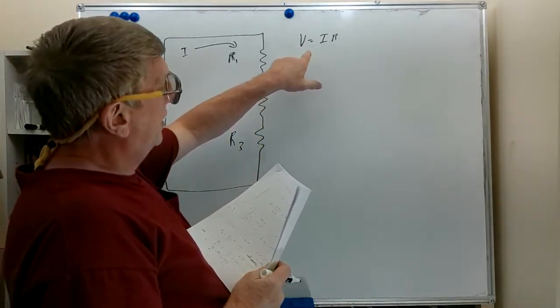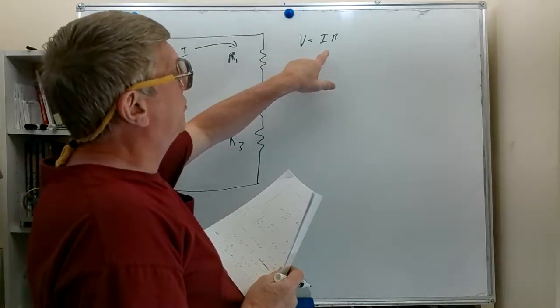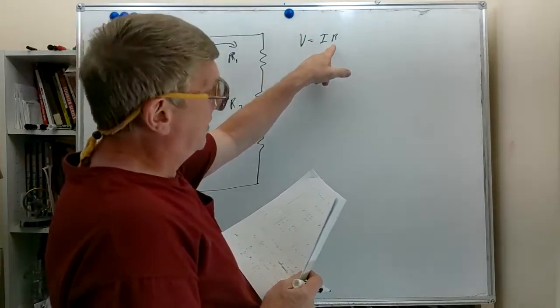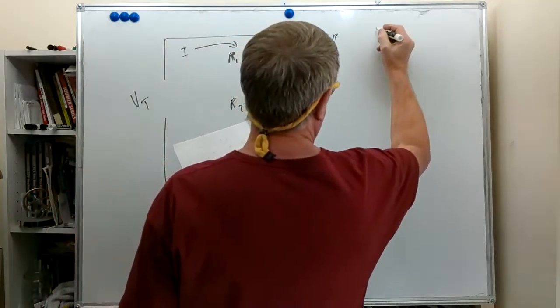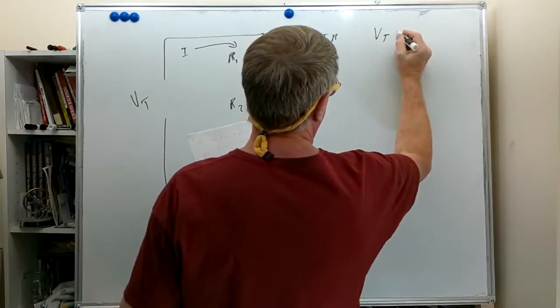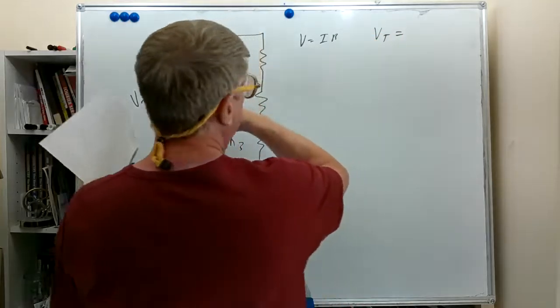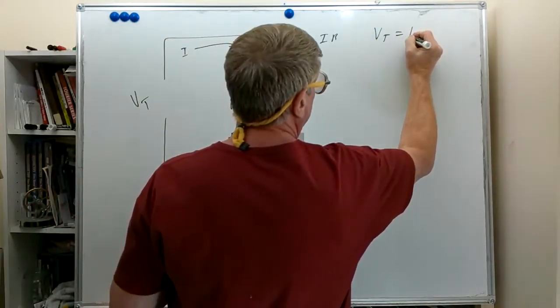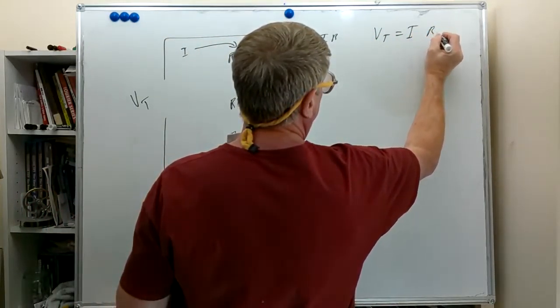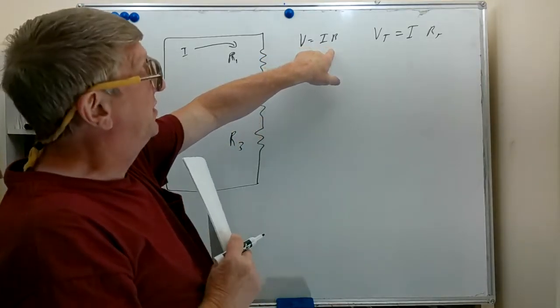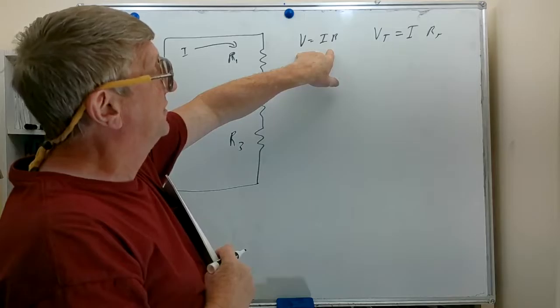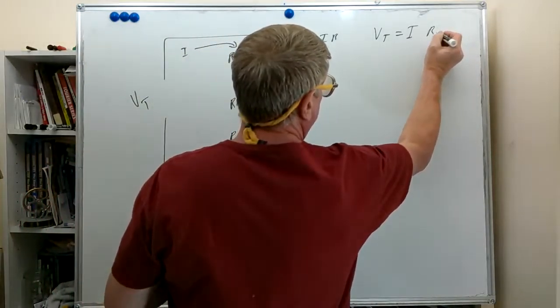But the voltage across any one resistor will be this current times the resistance of that resistor. And of course the voltage total will be equal to the same current times the resistance total. So this would give us the ability to calculate the voltage across any resistor, and this gives us the ability to calculate the total voltage.